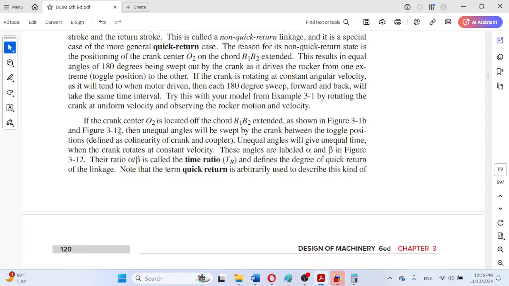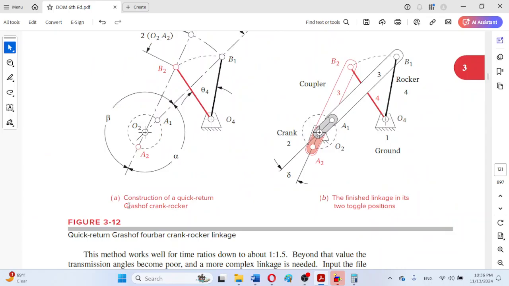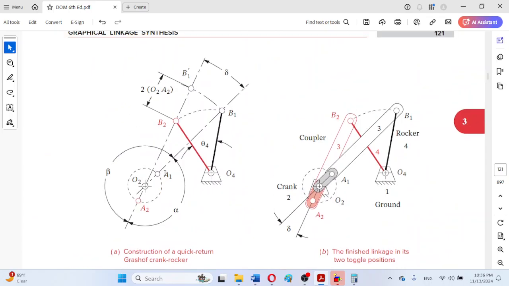And in figure 3-12, which has already been explained here, as we can observe, B1 and B2 are the two extremes of the rocker. So the line will be here in this path. This O2 crank grounded revolute is not on that line, so this will be giving unequal times between these two extremes in the forward and in the reverse stroke.